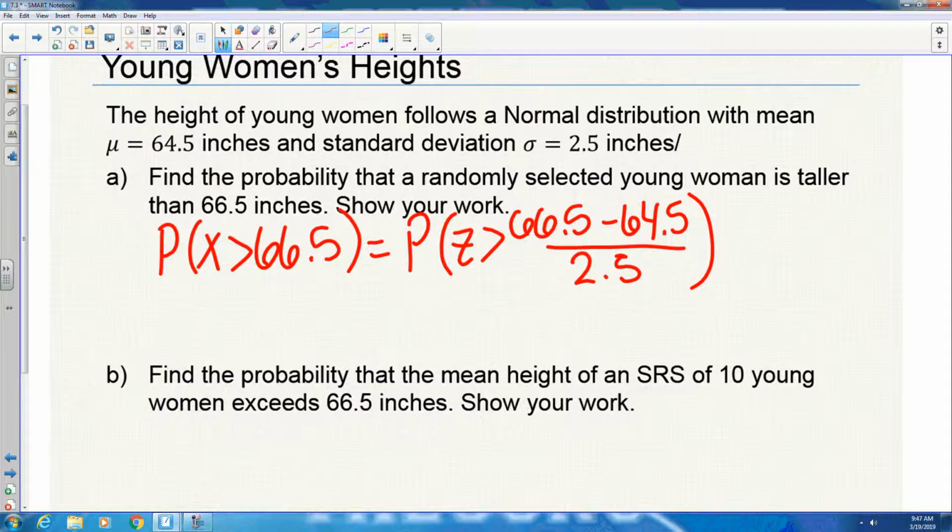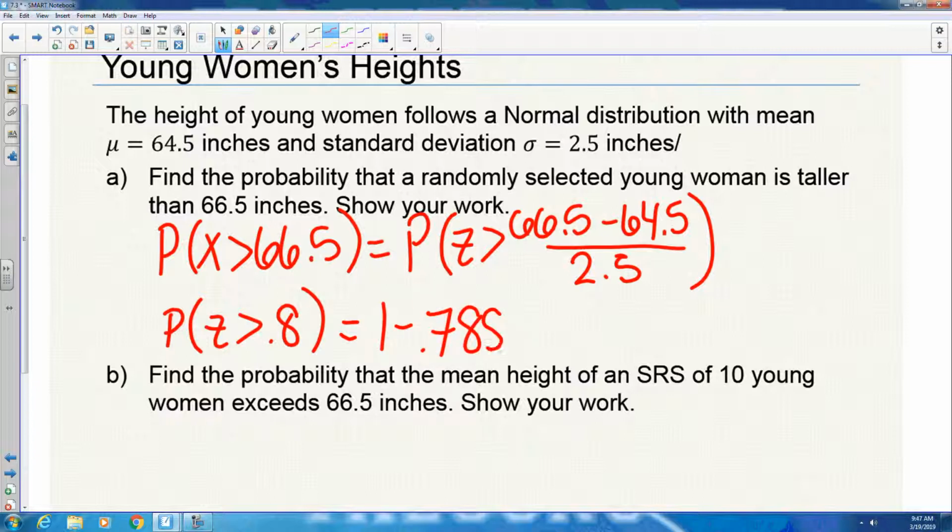Okay, we calculate that. The z-score we get for that is 0.8. And then since this is a greater than probability, we have to find the number on the table and subtract it from 1. So the number on the table that I find is 0.7881. I subtract it from 1 and get 0.2119. So that is just reviewing stuff we've done before with z-scores.